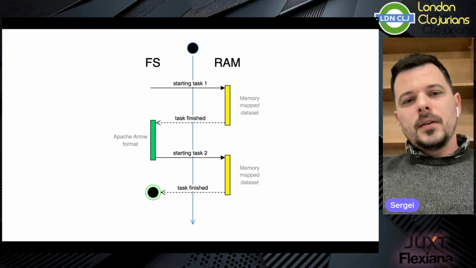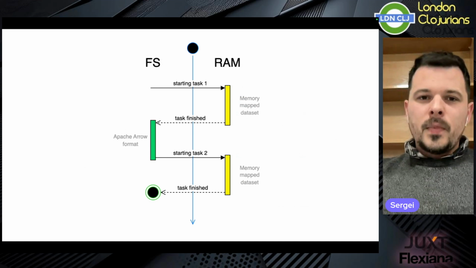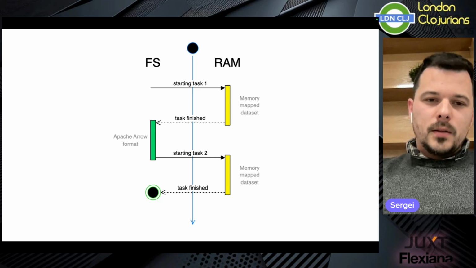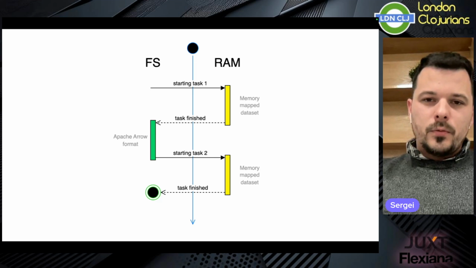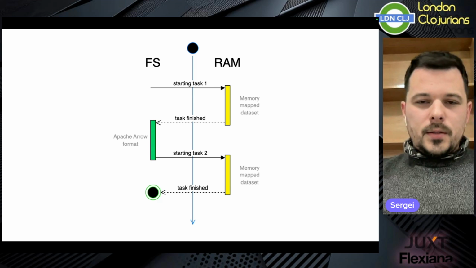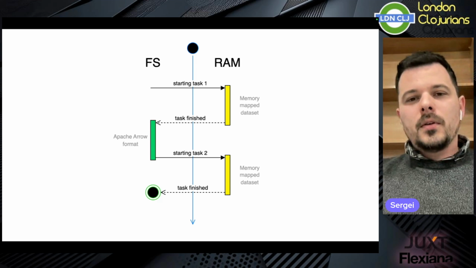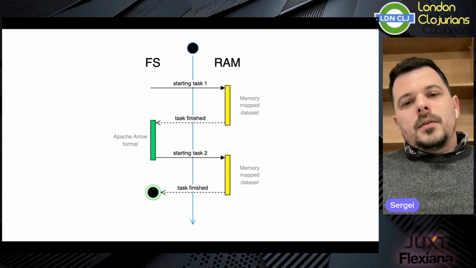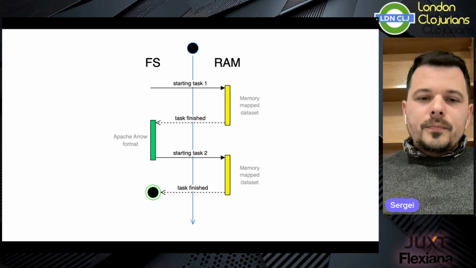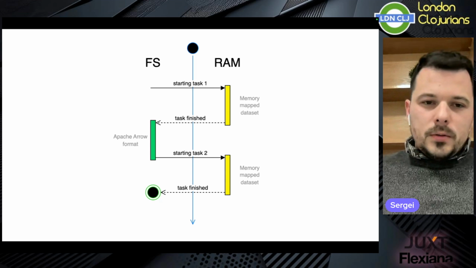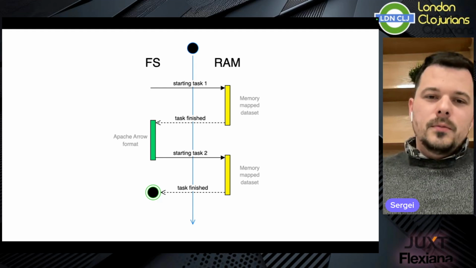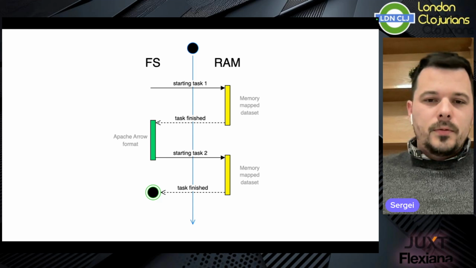Here is an example of how it works. On the left side, we have the file system where we have files in Apache Arrow format, and on the right side, we have the heap, the regular memory of your process. When you start some task, it gets some data from the outside world, and it will store it under the hood. You don't need to do any special things. It will store it in Apache Arrow format on the file system.